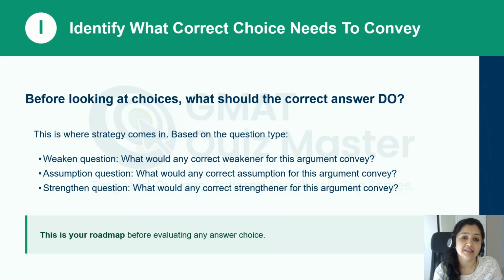Please note that this step is not about thinking of specific scenarios. You can come up with specific scenarios, that is optional. This step is more about the generic information that every correct answer choice will convey. This is going to be your roadmap.